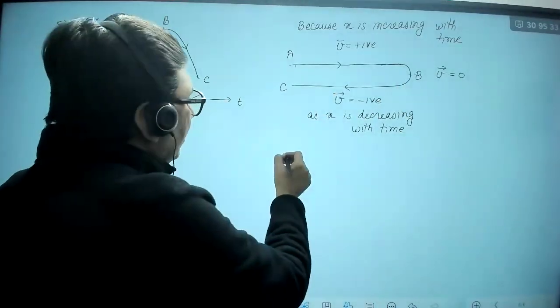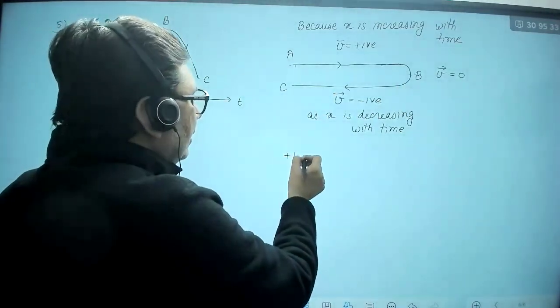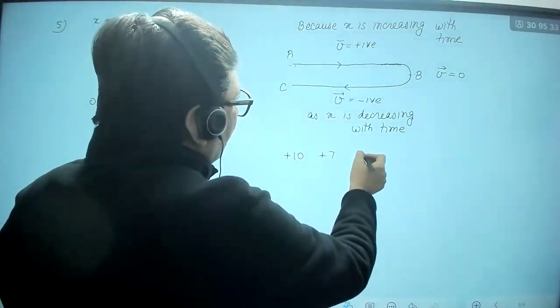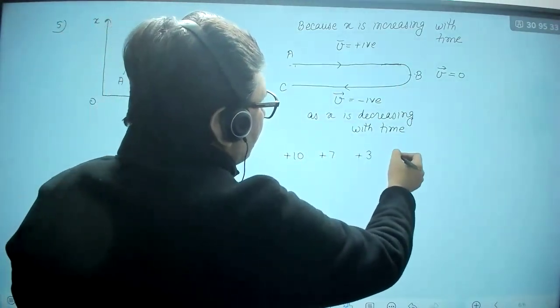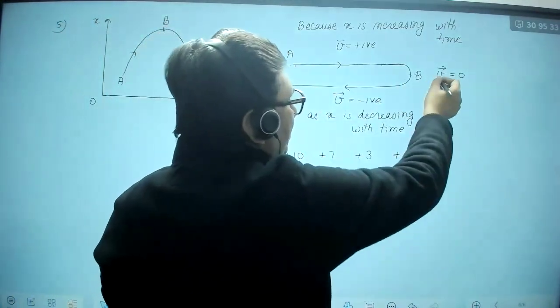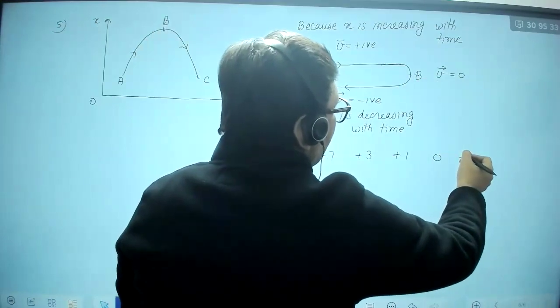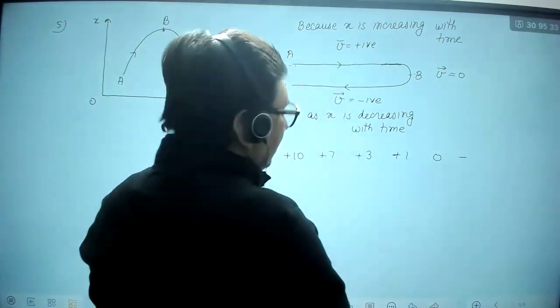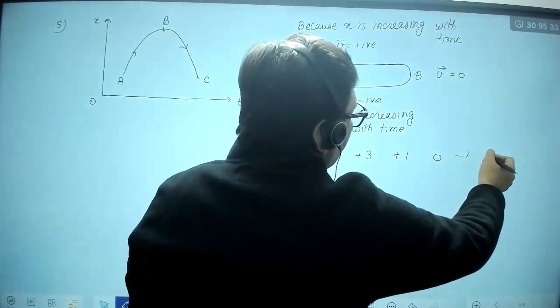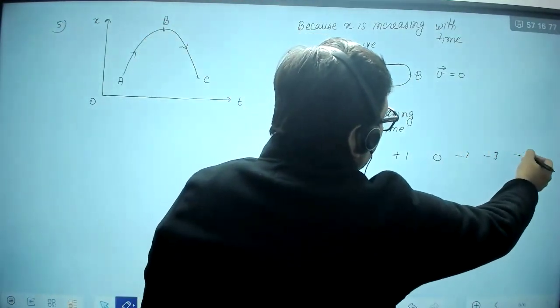Initially, suppose velocity is 10, then it becomes plus 7, plus 3, plus 1, then 0 here at point B, then it becomes negative: minus 1, minus 3, minus 5, like this.